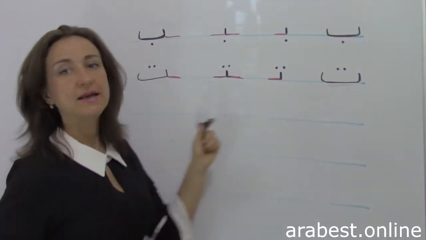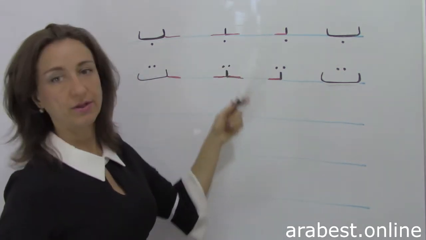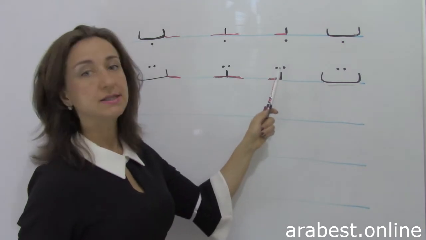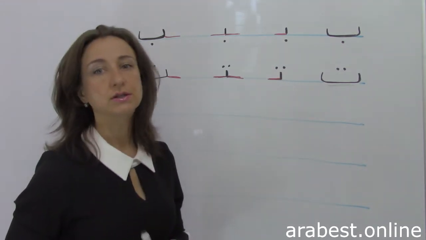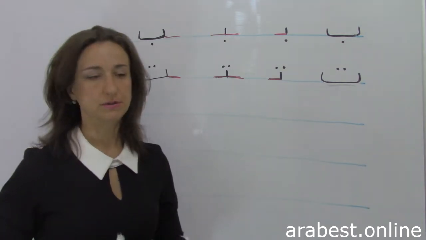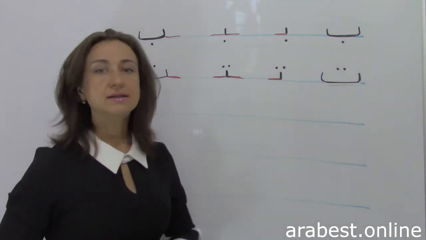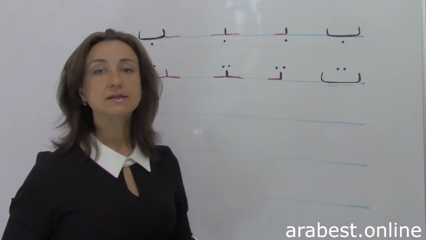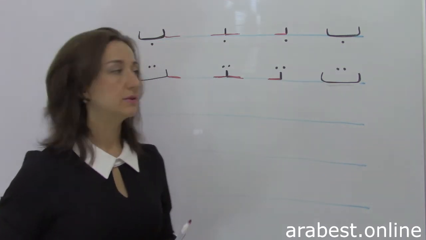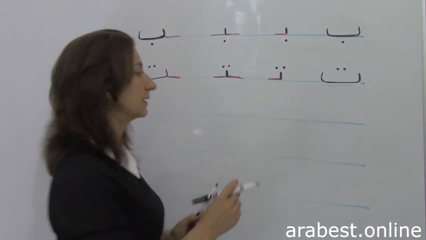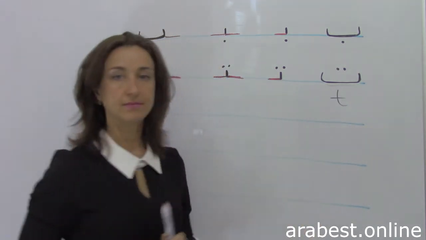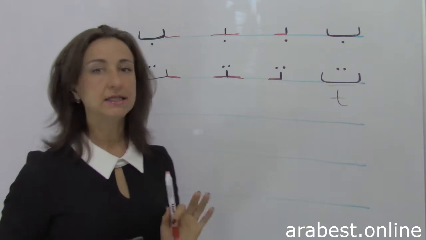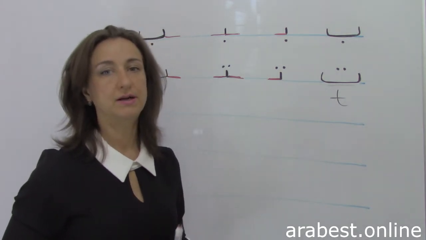So we see the same picture. The difference is in the quantity and position of the dots. Letter ta gives us a very simple sound, t, t, t, like English t. Everything is so simple for the time being.